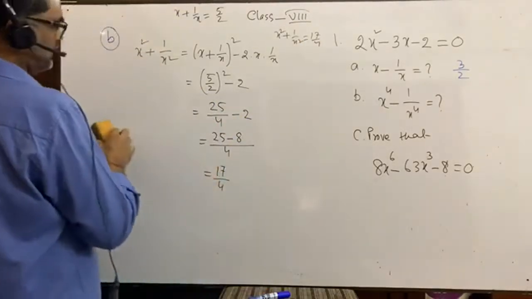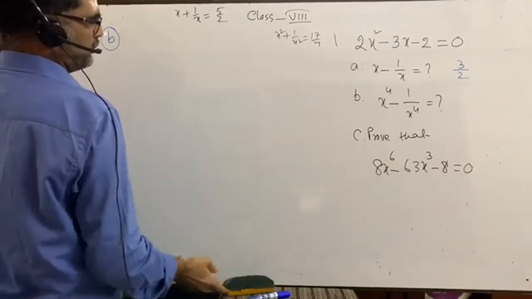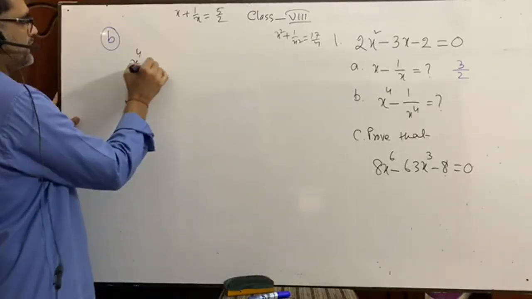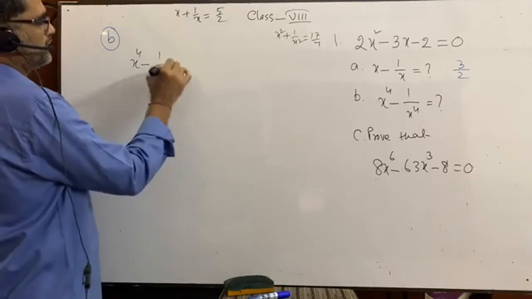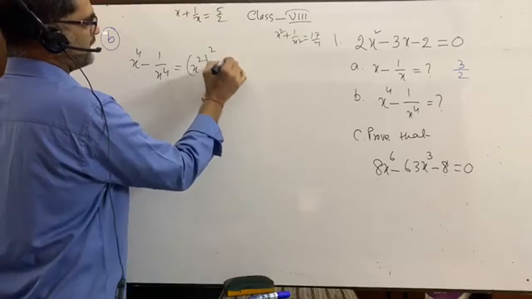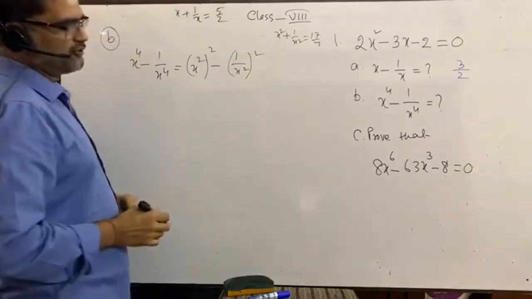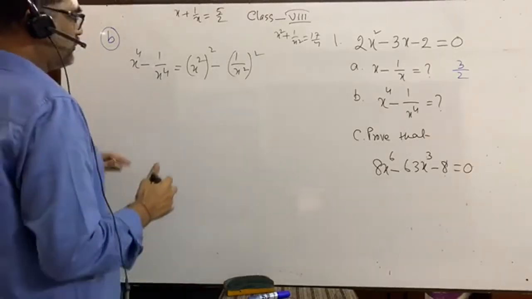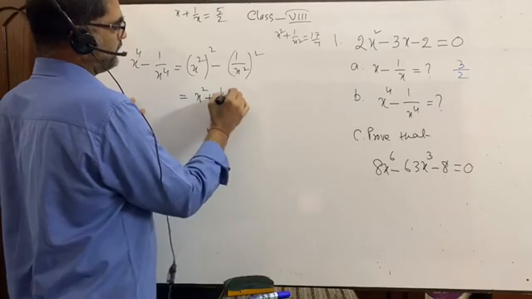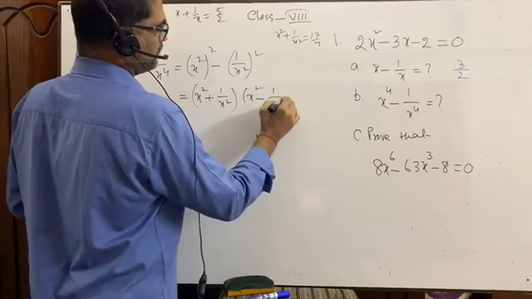Now you please write down the given expression of the question number B, that is x to the 4 minus 1 by x to the 4 is equal to what? x square whole square minus 1 by x square whole square, that is a square minus b square formula to be applied here. a plus b into a minus b.